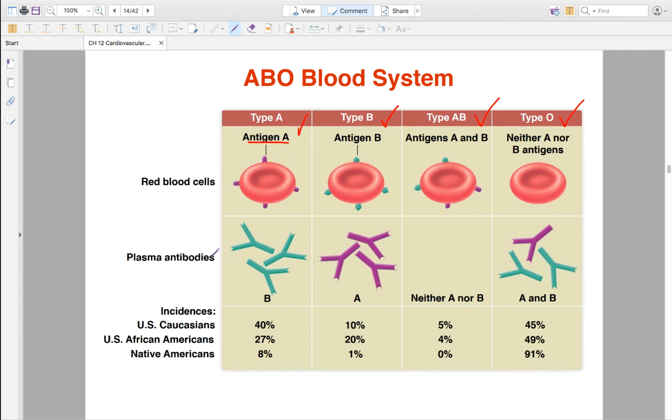Their body at the same time makes antibodies against blood type B that will attack blood type B. People that have blood type B, their body creates antigen B on the red blood cell, and their immune system creates anti-A antibodies that are ready to attack blood type A, if they encounter it, which they shouldn't.